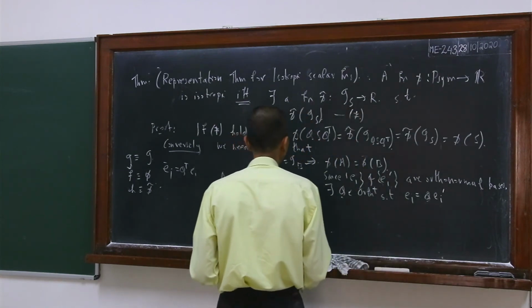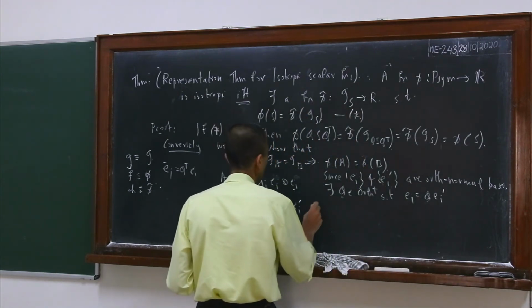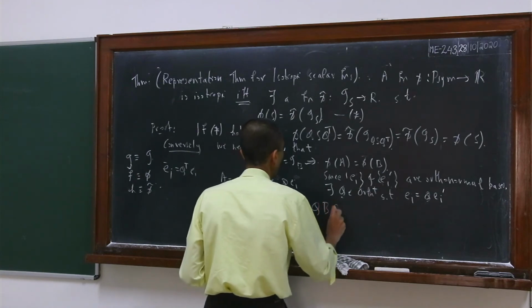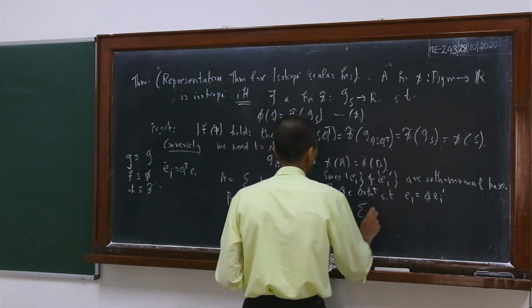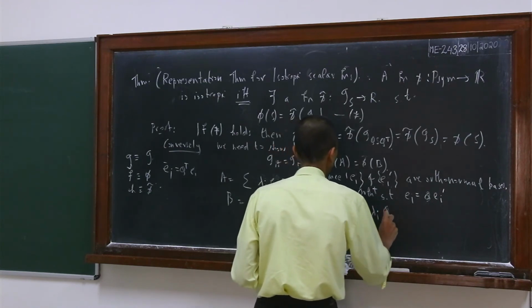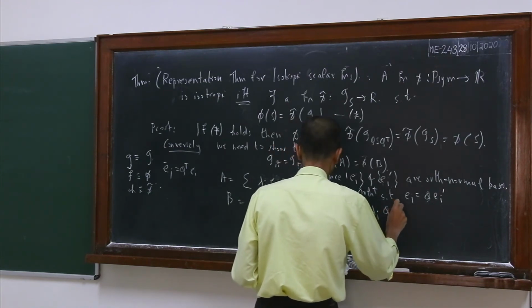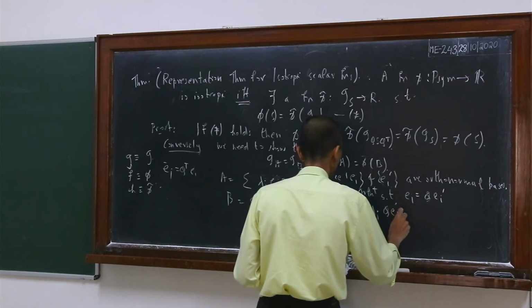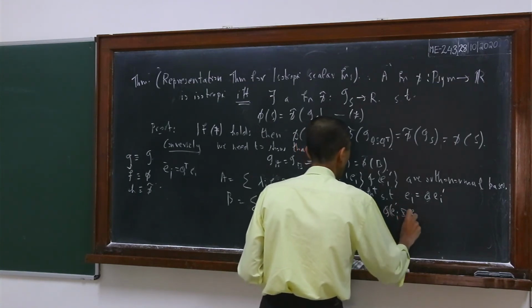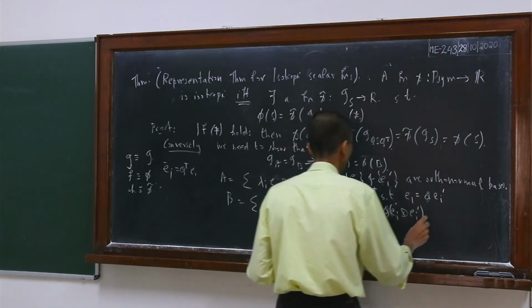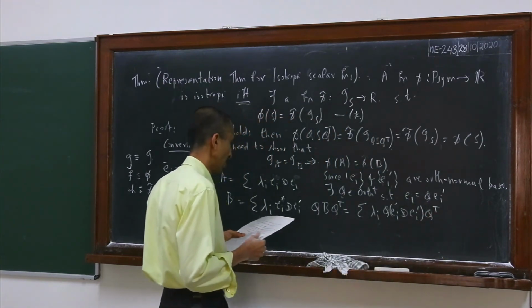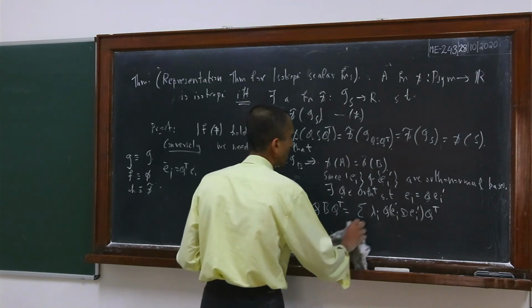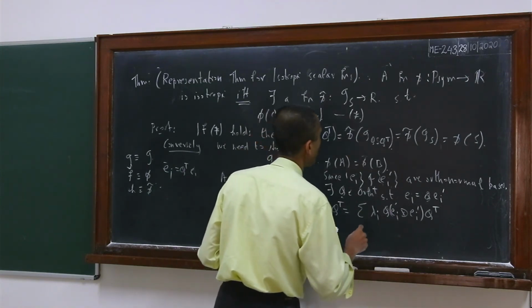Then now let us write Q times B times Q transpose is equal to summation of lambda I times Q times EI prime dyadic EI prime times Q transpose. You can write it in this particular way. And now we will use some of the properties.